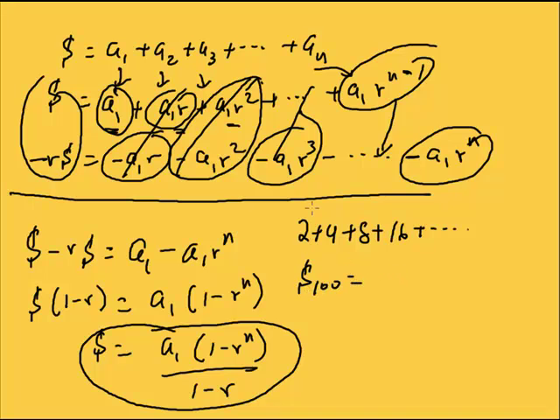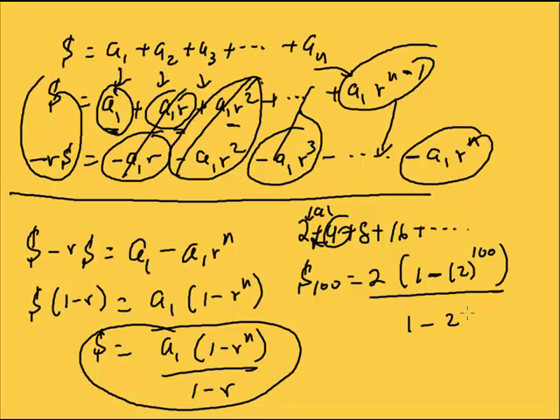My first term, a sub 1, is 2, times 1 minus r to the nth power, which in this situation is the 100th power, all over 1 minus r, where r happens to be 2. When you simplify this, you can get the answer. As you can see, 2 to the 100th power is a large number, so we're going to leave it like that for right now.